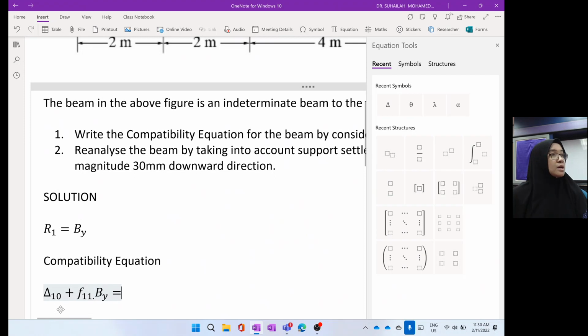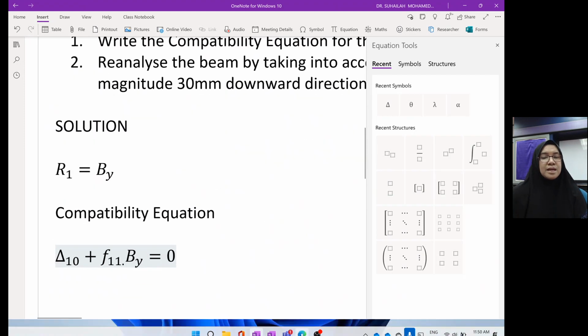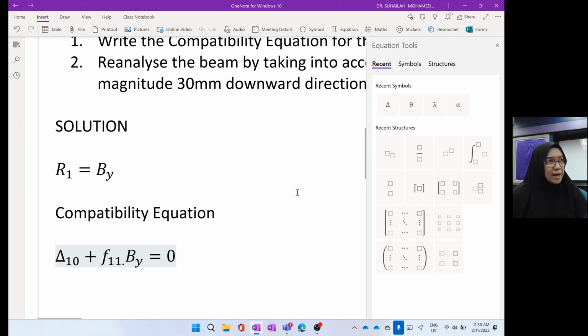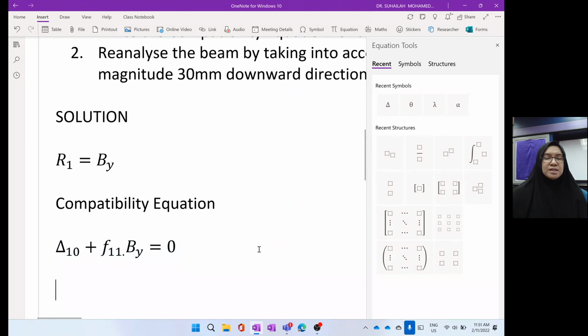So this is equal to 0, because we don't consider the support settlement yet. This is the original. Delta 1 node plus F11 times redundant BY equals 0. Delta 1 node is the displacement in the primary system. F11 is the displacement due to a unit value of BY in the redundant system.